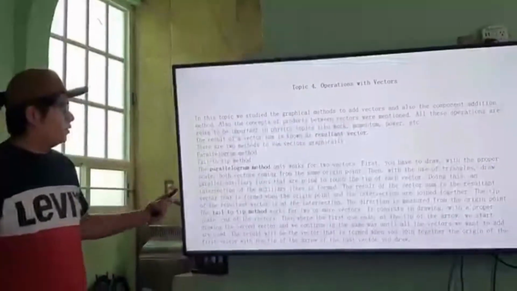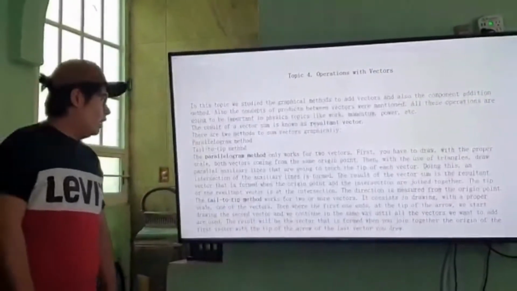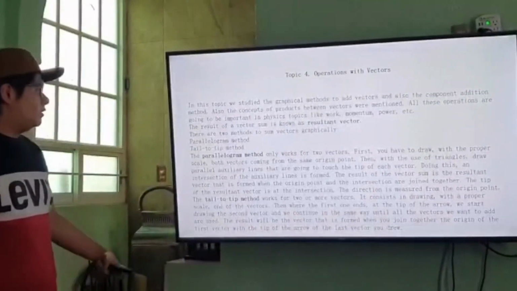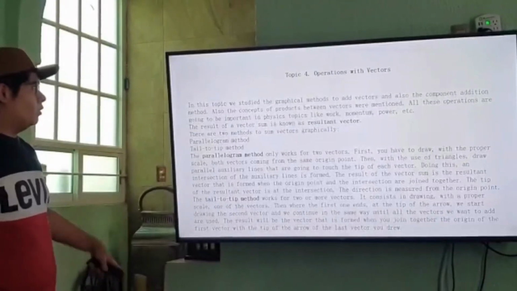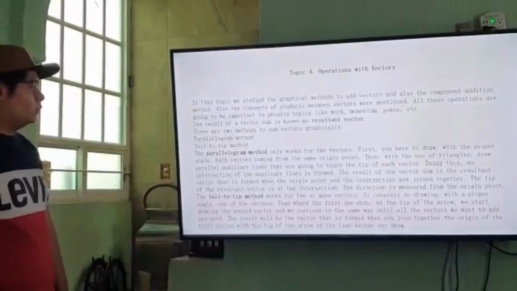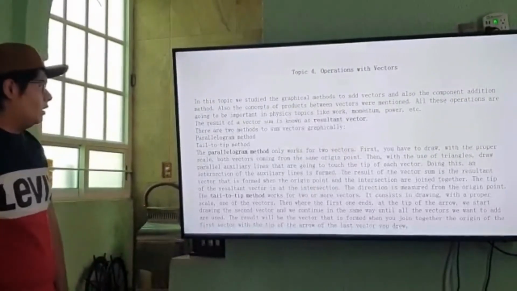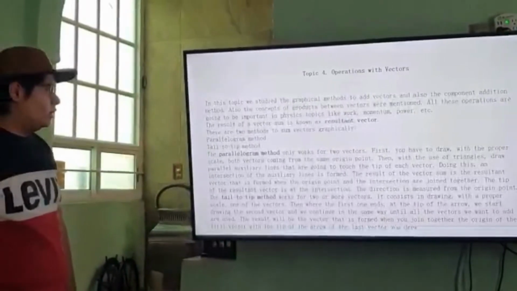For topic 4, it's the operations with vectors. For this, we have two methods. That is the parallelogram method that only works with two vectors. For this, we need a scale and an origin point.